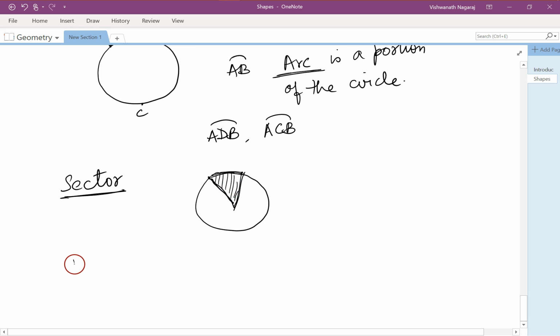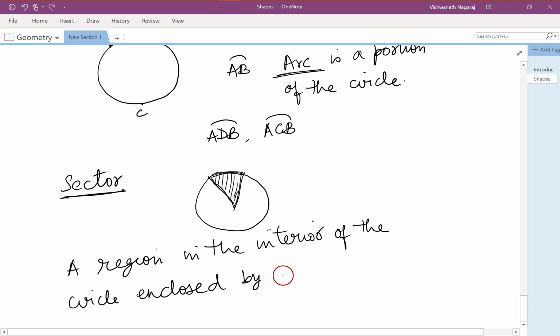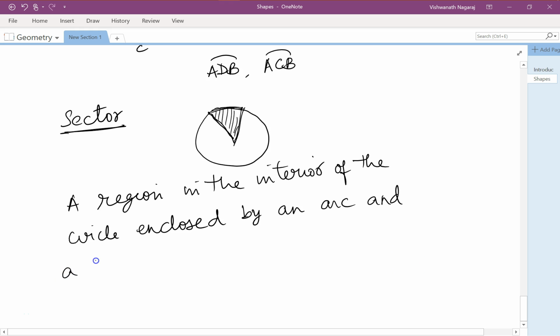So a region in the interior of the circle enclosed by an arc on one side and a pair of radii on the other two sides is called a sector.